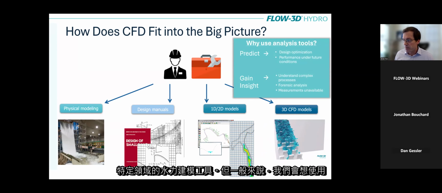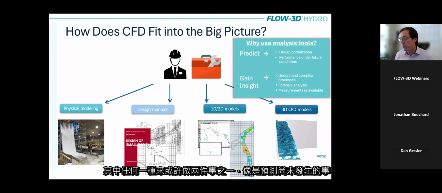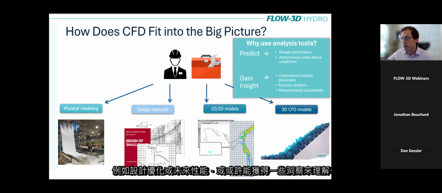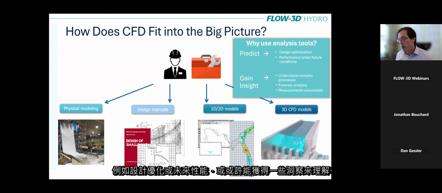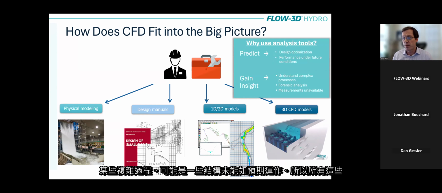But in general, we're going to want to use any of these to do one of two things: predict something that hasn't happened, like design optimization or future performance, or gain some insight into understanding some complex process, maybe some structure not performing as expected.